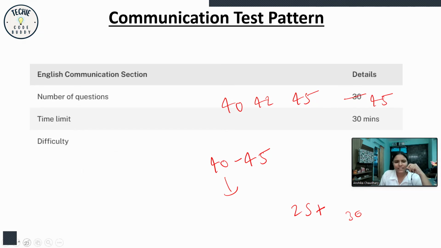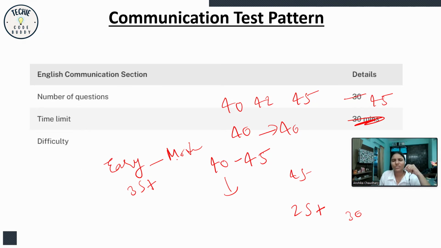You can easily crack this round with 35 plus questions, I would say. There is a time limit: if there are 40 questions, there will be a 40 minute time limit; if there are 45 questions, a 45 minute time limit. Difficulty is, I would say, easy, or easy to moderate, but not so high.